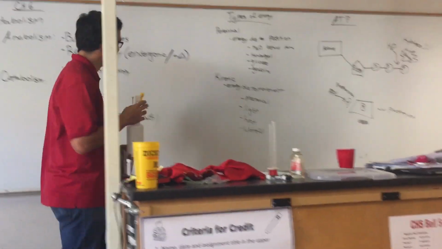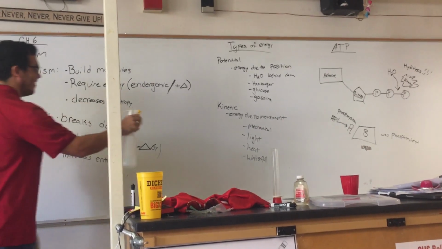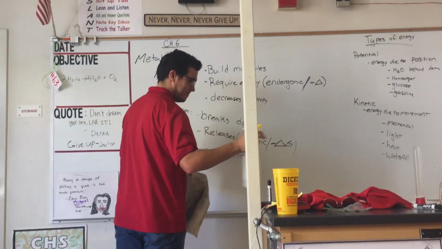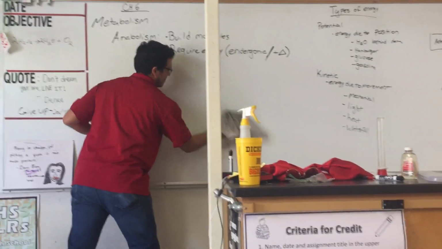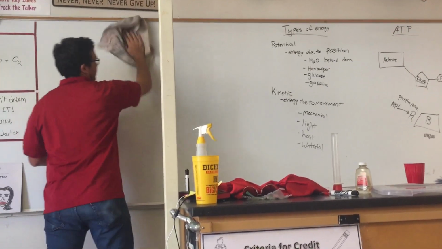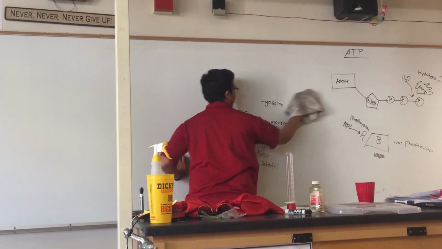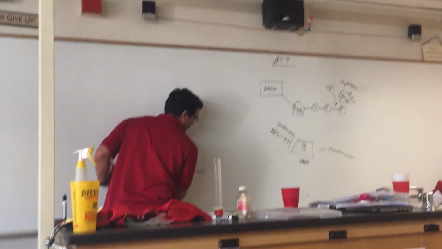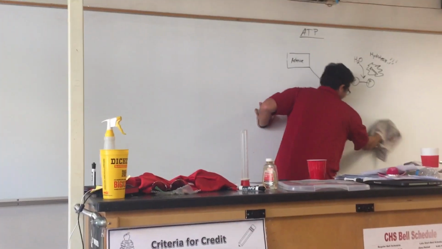Alright, energy diagrams. Guys, what if you just got in trouble for eating sugar cereal? The other day he came in here with like 10 Jack in the Box tacos.